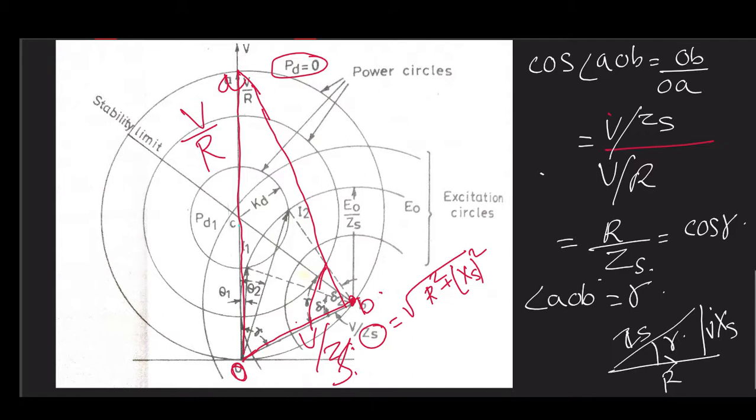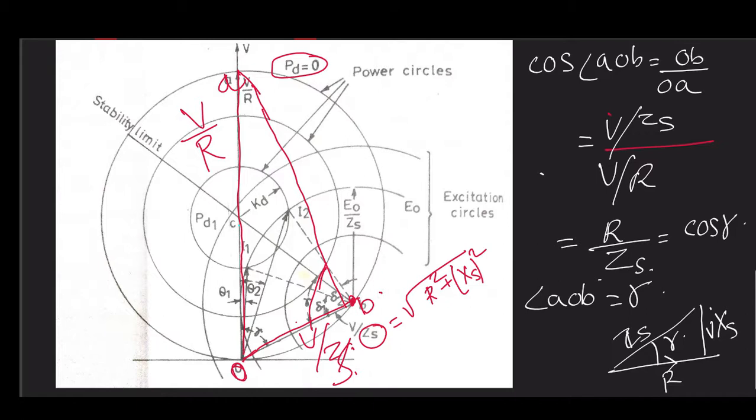It's very interesting. Now see that if we draw a circle at center B with radius E naught by Zs, then we can draw the locus of current phasor I for that particular given E naught.